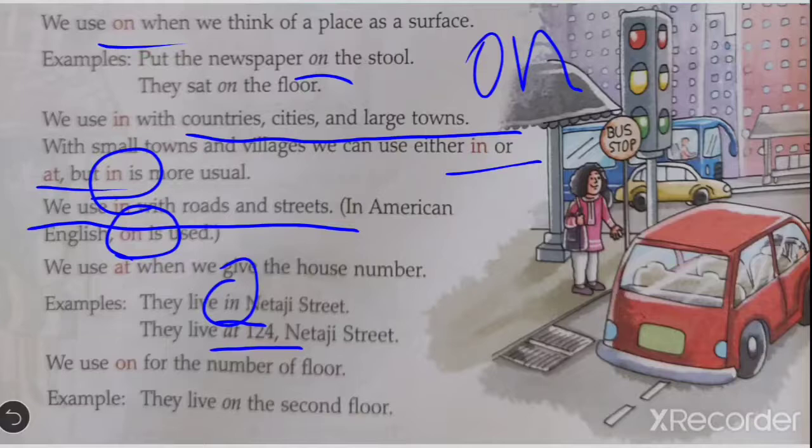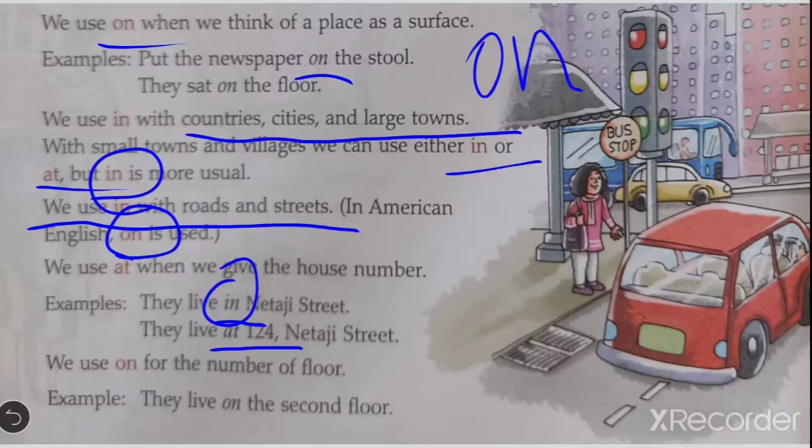House number, that is at 124 Netaji Street. So in Netaji Street, your house number is 124. That time you have to use at. When you are using only the street, you have to use in. When you use the number of the street, then what's your house number? For that you have to use at.